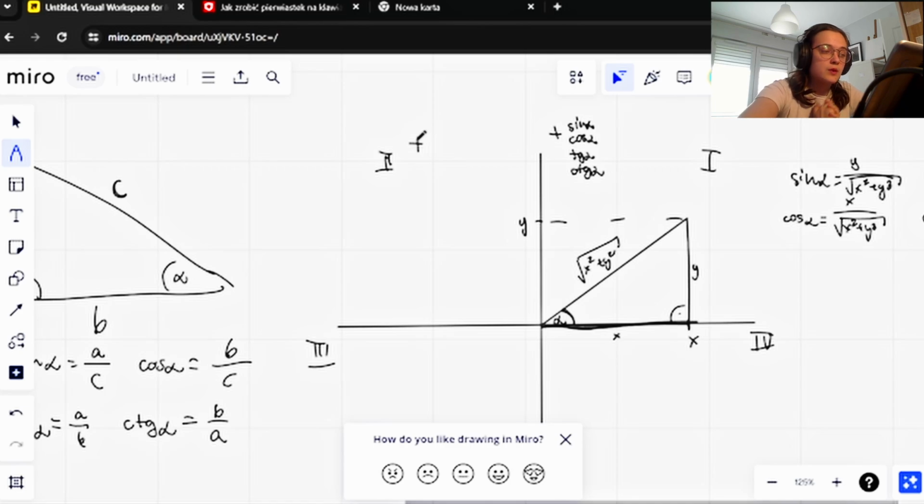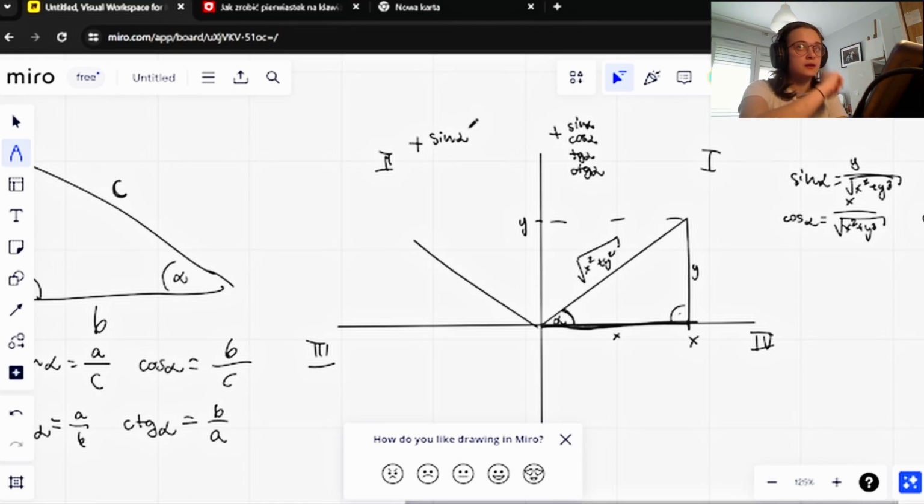Okay, if we do it here, you can see that x is negative, y is positive, and C is positive. Sorry, I made an error. So when we have positive divided by positive, it gives positive. So sinus here is positive.